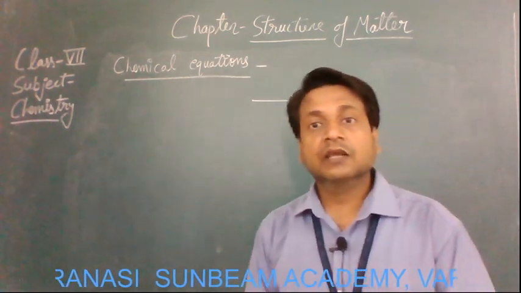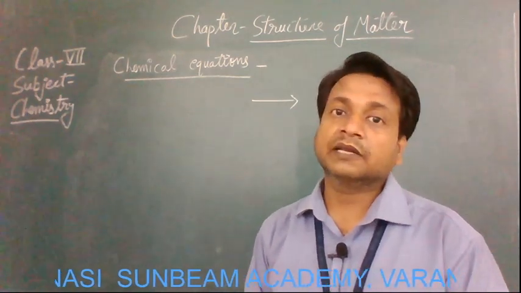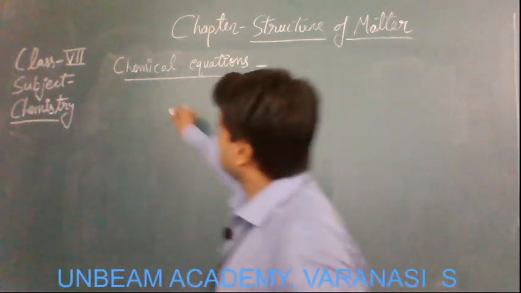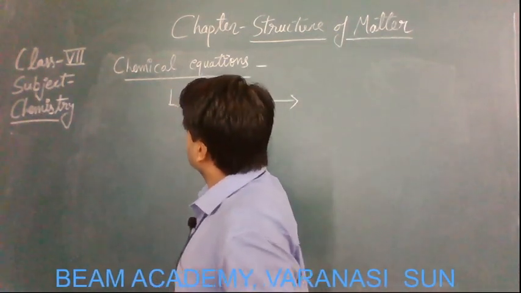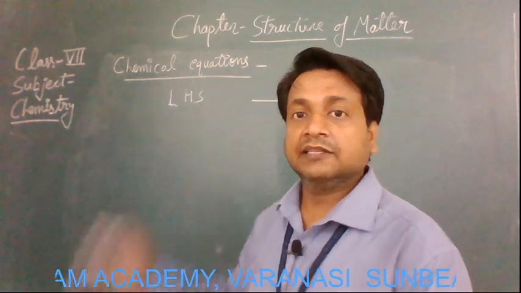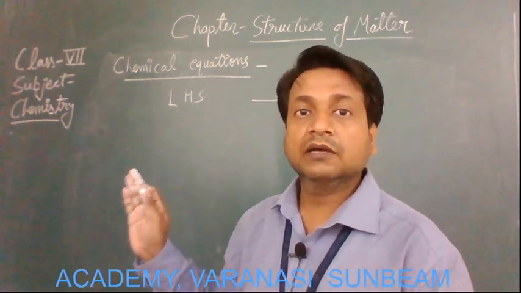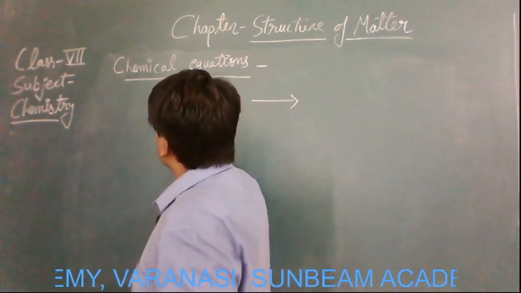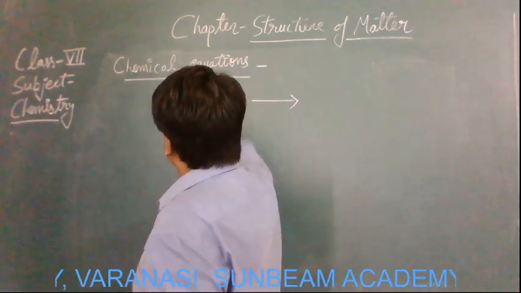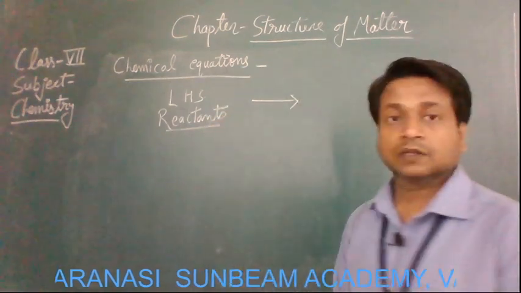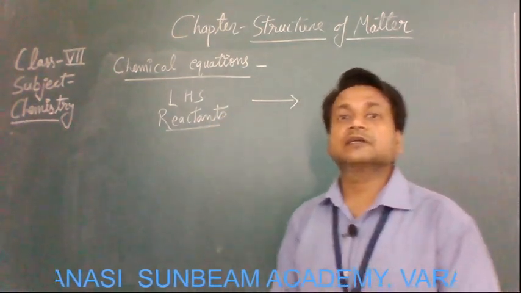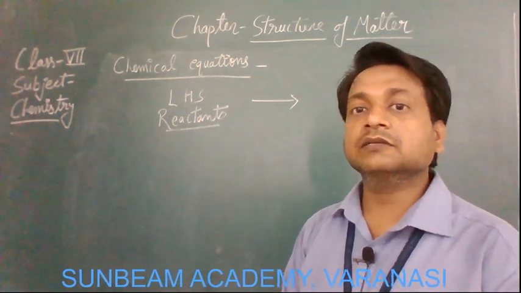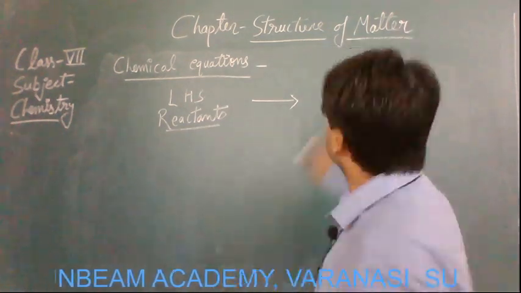Second thing, reactants must be written on the left hand side. So this is the left hand side, and on this side we will write the reactants of the chemical reaction. And the third thing is that the products that will form are always written on the right hand side.